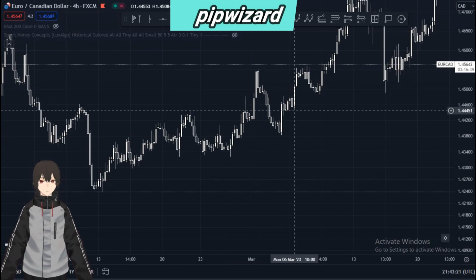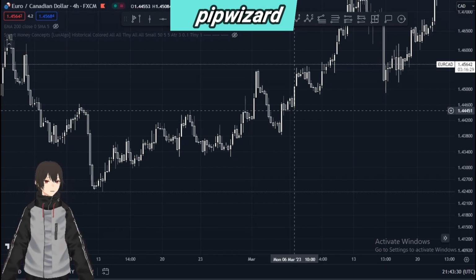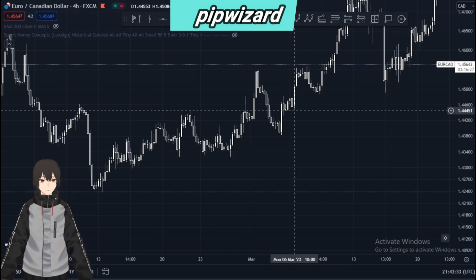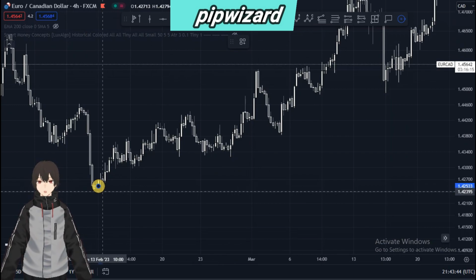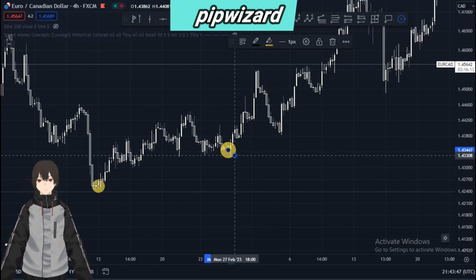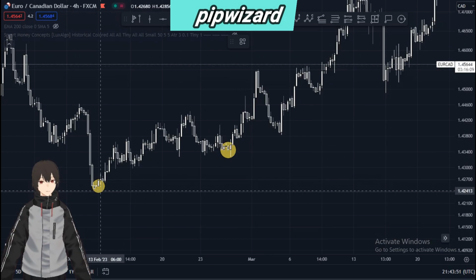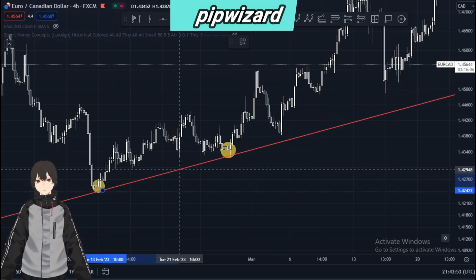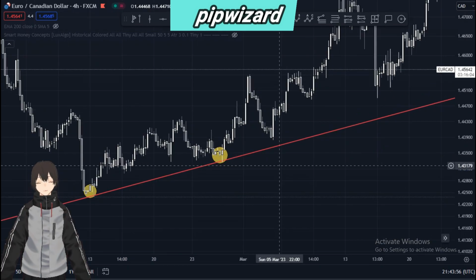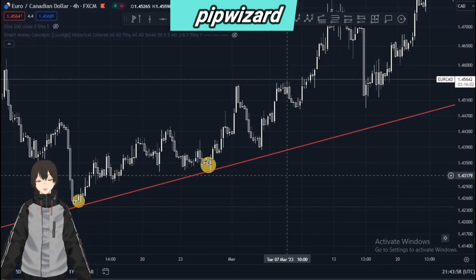The third lesson is about trends. Here we have an uptrend, so we must mark all the lows in that trend like that. Those lows are our trend. Then you can find the lows and draw a line like that. This is your trend line.